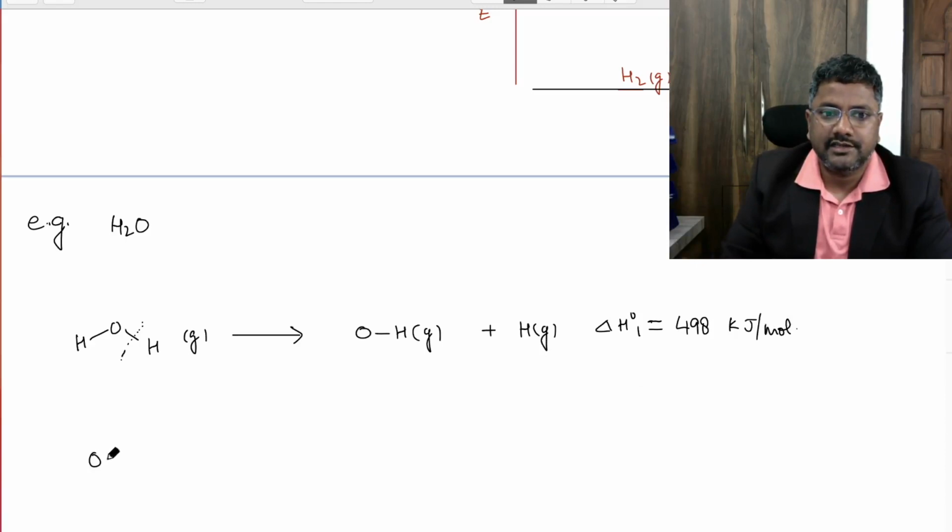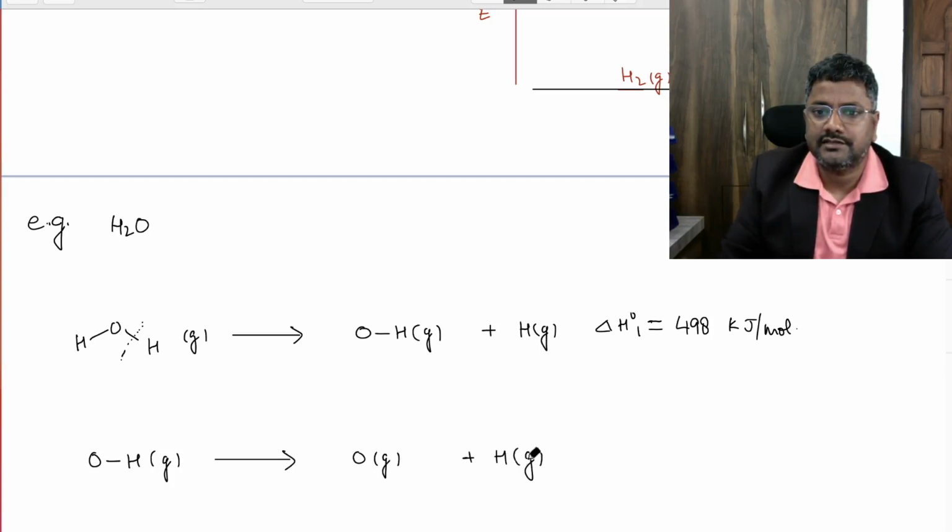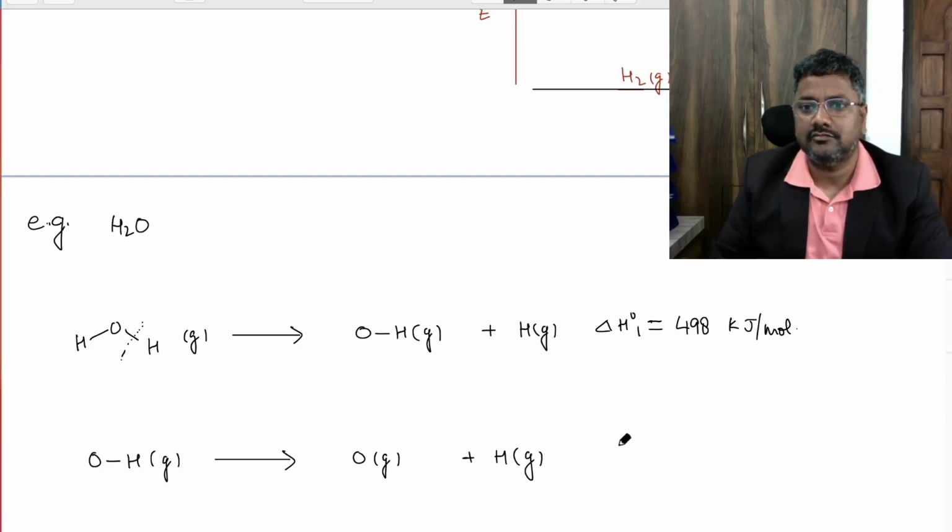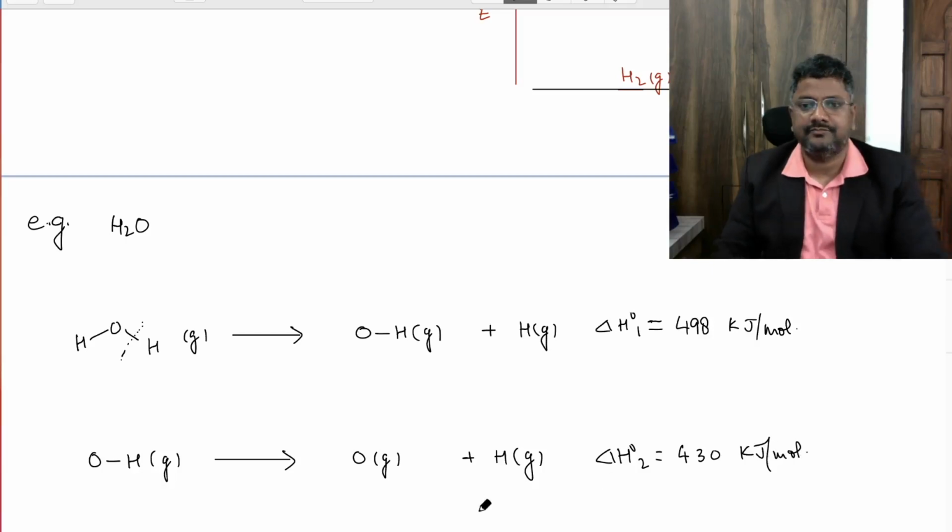And in the second step, this OH gas goes to O gas plus H gas, and this time the delta H naught 2 is equal to 430 kilojoules per mole, right?